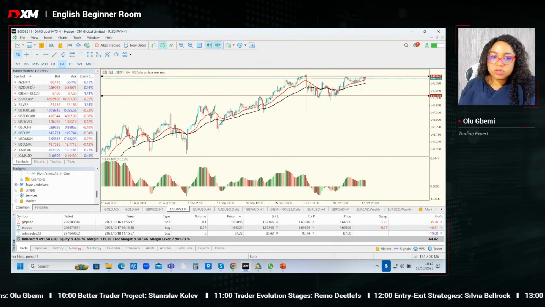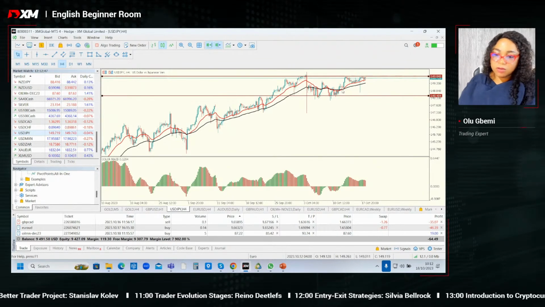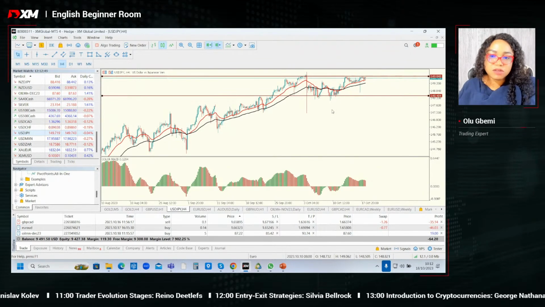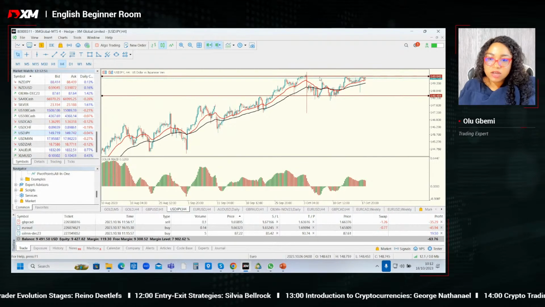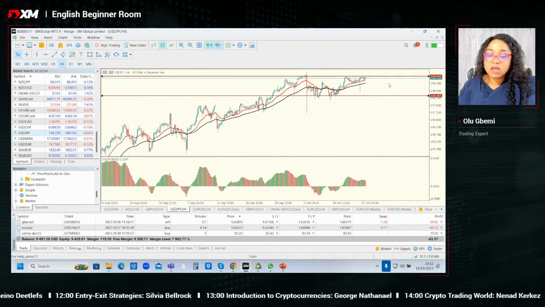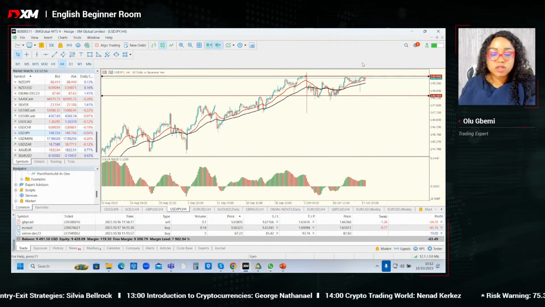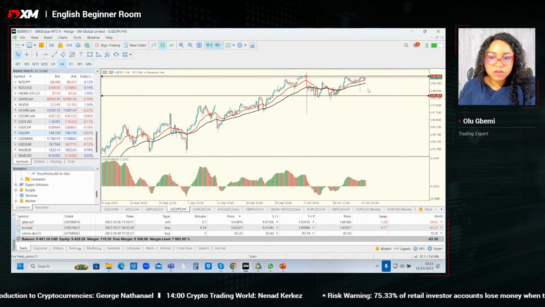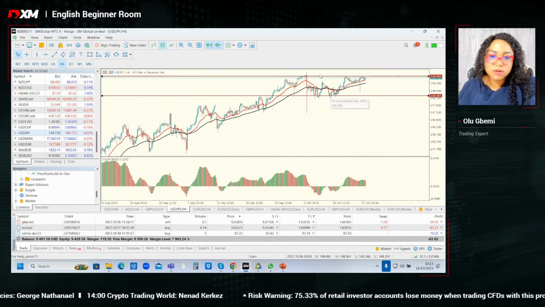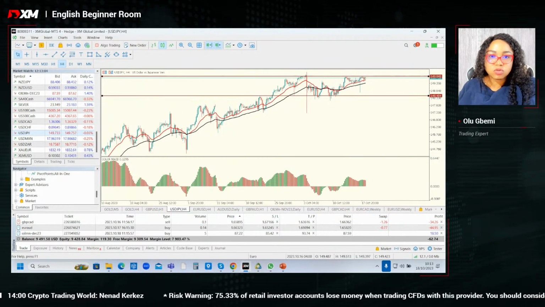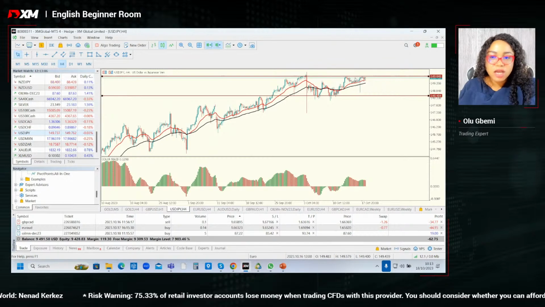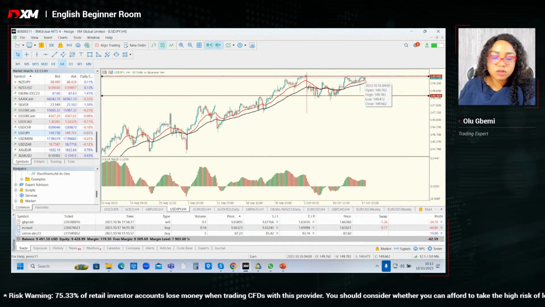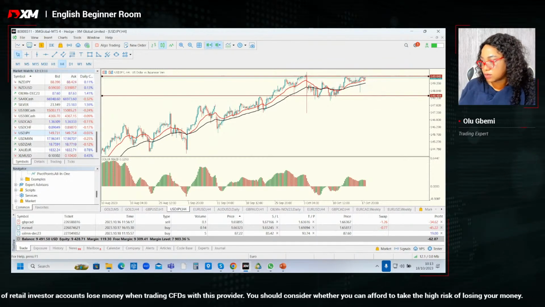If it begins to push to the downside, I may look at what kind of candle I'm seeing, maybe from a lower time frame perspective, the kind of candlestick that is closing there. If there is a big candle showing maybe an event or an intervention that is changing the narrative of the trend, then I'm going to look at trading according to the new trend I feel we're going to see in the market.